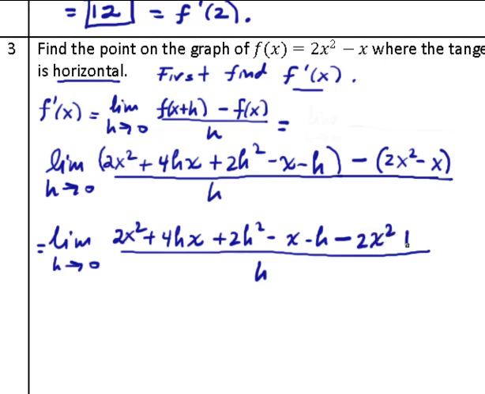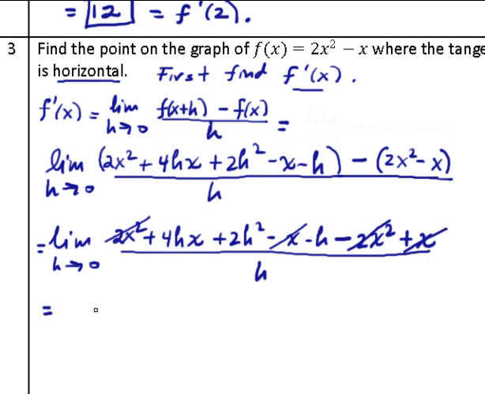Now we have minus minus, that's plus x. Now remember what I told you, when we're taking the derivative using this definition, and f of x is a polynomial, all the terms which don't contain x should cancel. So here we have the 2x squared canceling with minus 2x squared. And here we have a minus x canceling with the x. Now everything else has h in it.